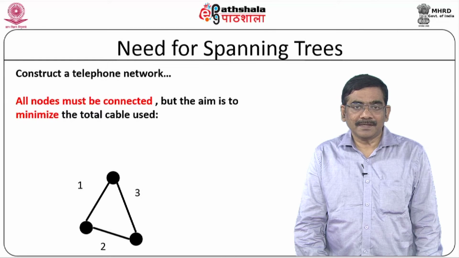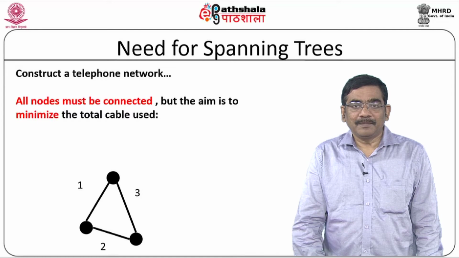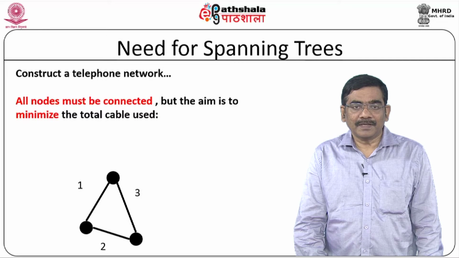So, that means the number of edges should be minimized. Translated to a telephone problem, it means that the number of edges reduced means the number of telephone cables are reduced. So, when the telephone cable is reduced, it leads to a saving of money.